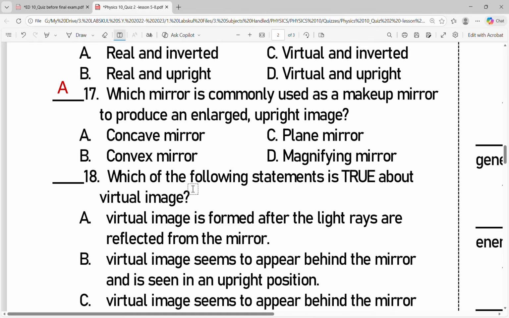Again, if the object is located within the focal point, or within the focal length, in between the focus and the vertex of the concave mirror, the image will always be upright, enlarged, and virtual. So the answer here is letter A.